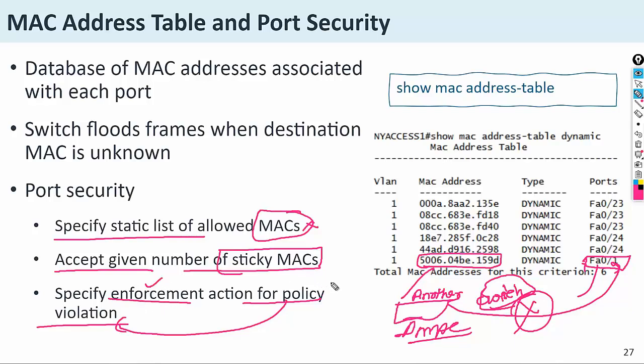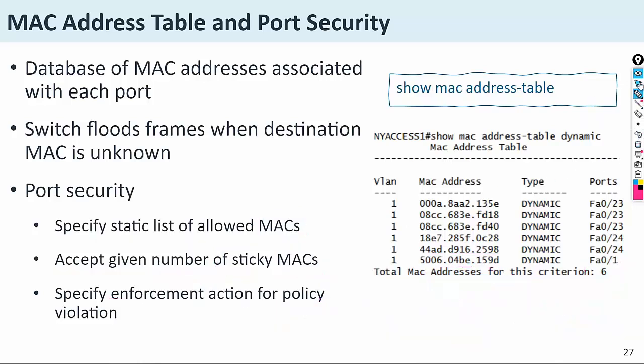For example, the port will be shut down. If another computer is connected or detected, the port will be shut down automatically, or reset the connection or disallow the connection. So any type of policy can be implemented based on port security.